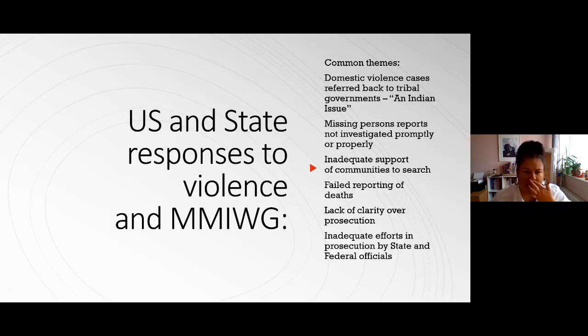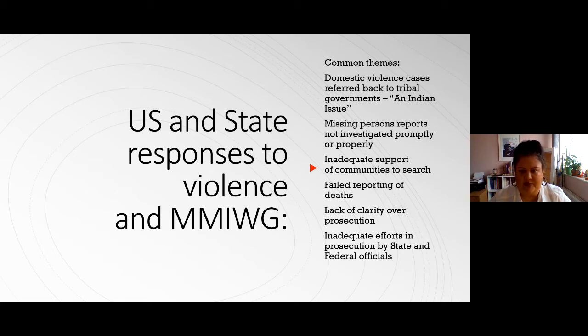The US and state responses to violence and MMIWG generally tend to be centered on themes of domestic violence. Sometimes they assume that the girl was drunk or that she went missing with her friends. There are also a lot of investigations that end up classified as died of hypothermia rather than homicide.